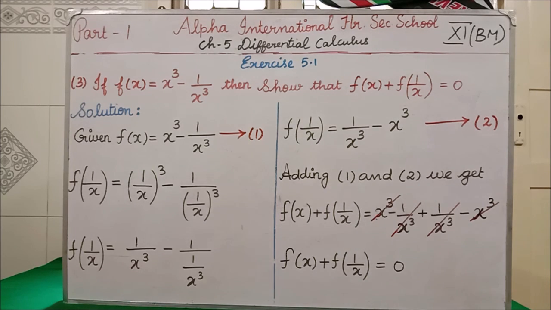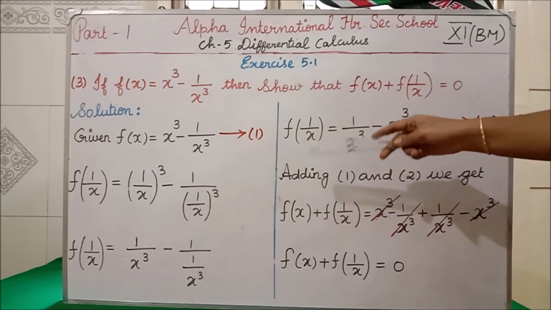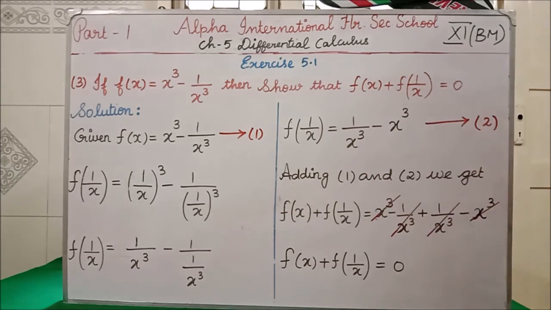See all the problems, since there is no space I am drawing a line, I am writing the remaining part here. But in your classwork you have to write below, one below the other. Okay, after the second problem is over, draw the line. After the third problem is over, draw the line. How you have written in 10th standard, the same method only you are going to write your classwork.